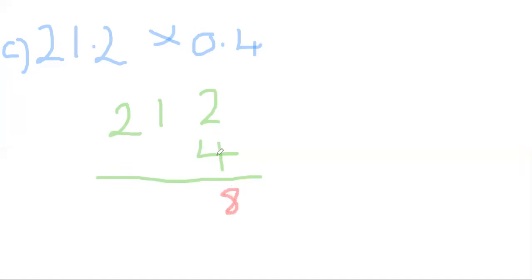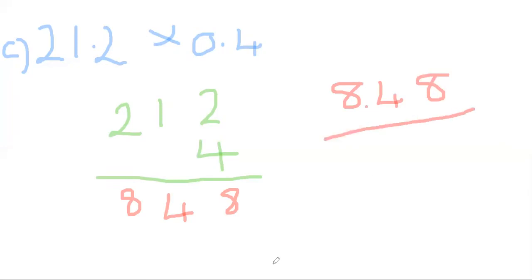There's nothing to carry. 4 times 1 is 4. 4 times 2 again is 8. So how many decimal places? 1, 2. So 8, 4, 8. That is your final answer.